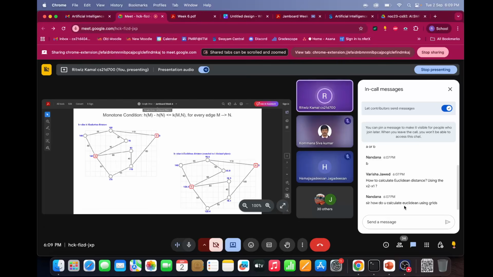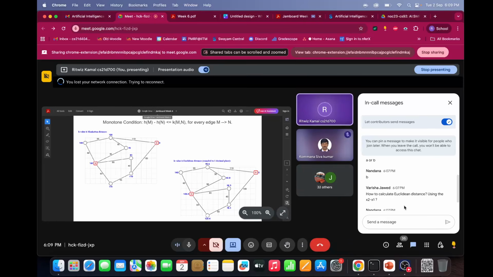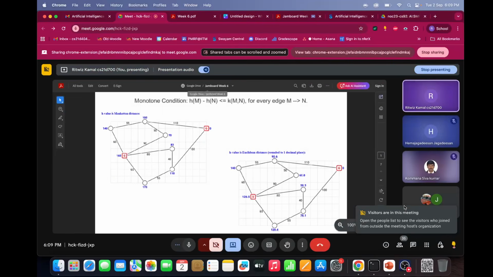To calculate the Euclidean distance, you can consider some point as the origin, because here we are calculating the heuristic function with respect to the goal node. So you can think that the goal node has coordinates 0, 0, and then it will be just the square root of (x1 minus x2) whole squared plus (y1 minus y2) whole squared.